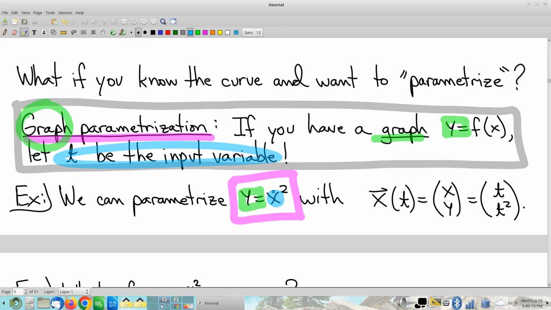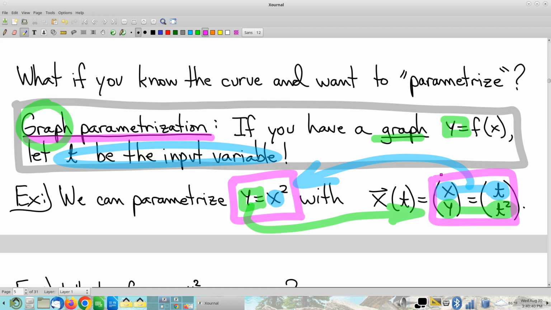That input variable is x, so I'm going to let t equal x. Notice that already gives me half of my parameterization. And then notice furthermore, if x is t, you plug that in, and that forces y to be t squared. And we're done.